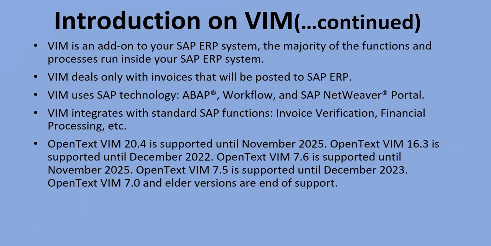It also integrates with SAP functions like invoice verification and financial processing. As I told, Vim sits before these SAP transactions, and once the invoice is posted in Vim, we will have a document generated for a PO invoice, and an accounting document generated for a non-PO invoice.